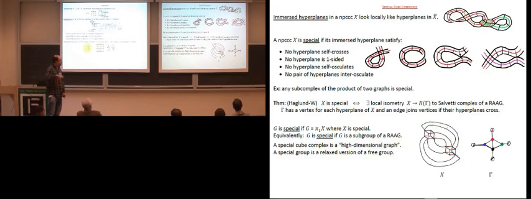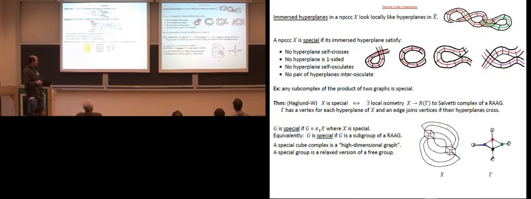But that picture is what you should think of. That doesn't happen. And lastly, this is the most complicated: no pair of hyperplanes interosculate. That's a little hard to say. It means you can't have two different hyperplanes that cross each other in one spot and then come back and osculate with each other in another spot.